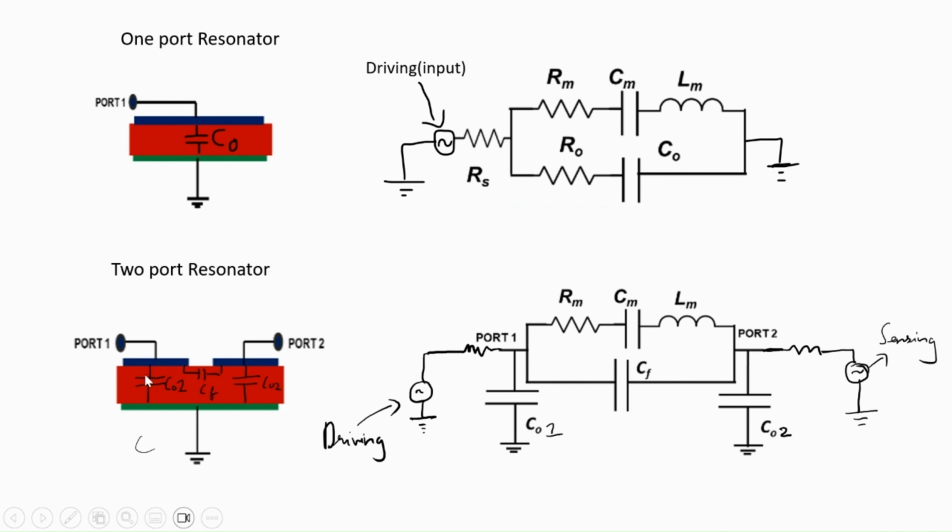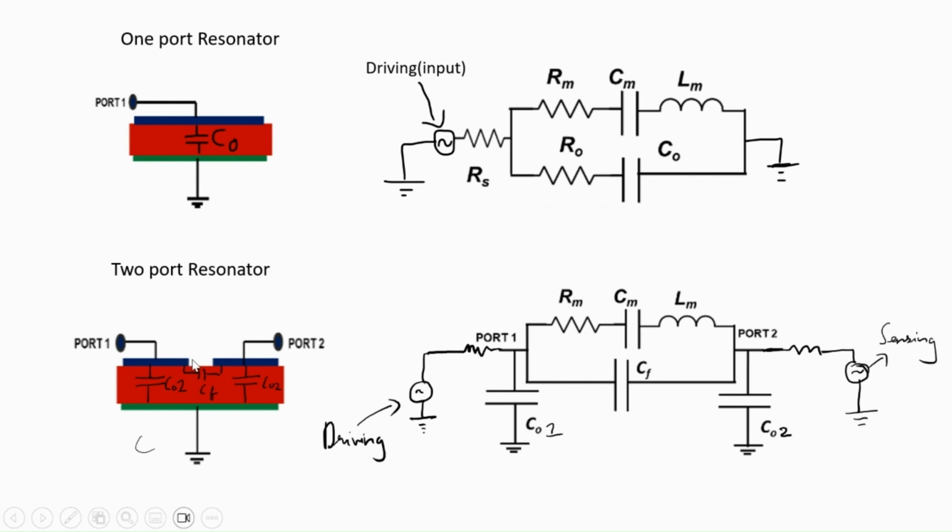What is CF? CF is the capacitance between the electrodes, so this is also acting as a parallel capacitor. If this resonator is in vacuum, you can take perfect epsilon zero. The relative permittivity of air is also, I think, one, I'm not sure. If it is one, then you can take epsilon zero epsilon r A by d.